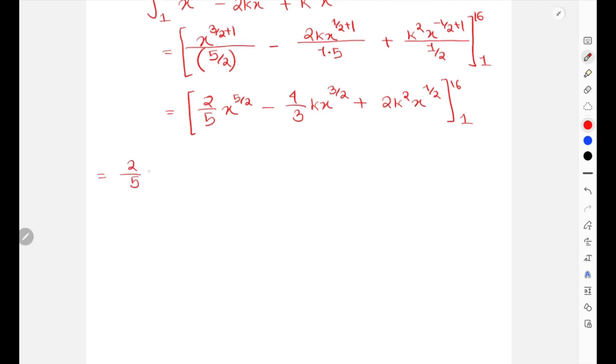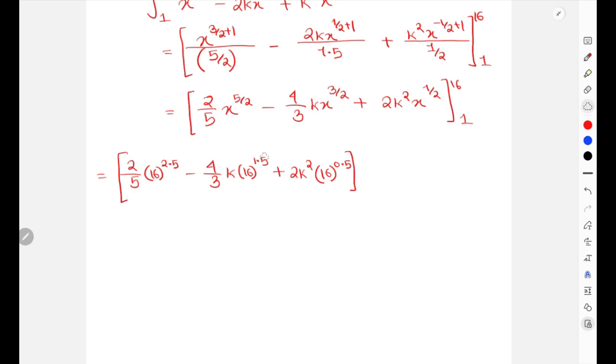2 over 5, 16 with a power of, I think this is 2.5, so I'll just write it in decimals. 4 over 3, k, 16 to the power of 1.5 plus 2k square, 16 to the power of 0.5, or this is entirely root.